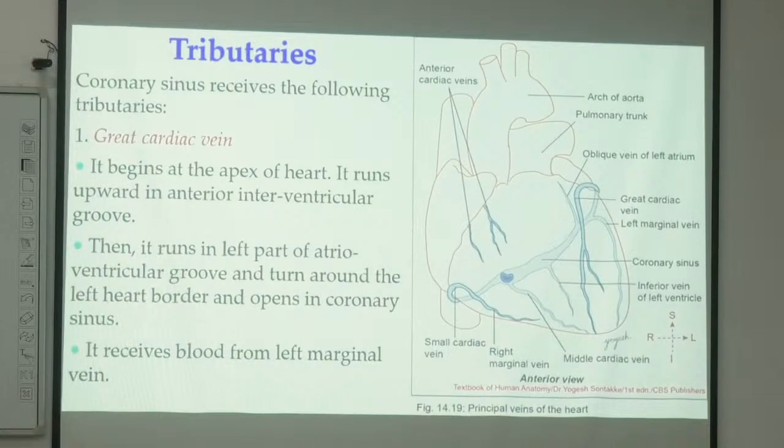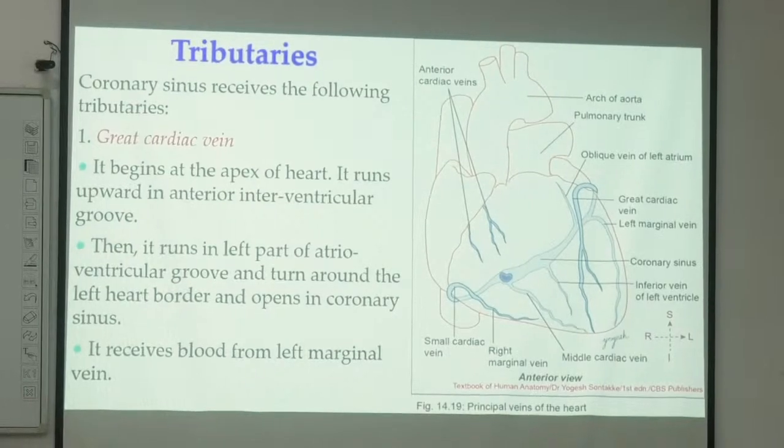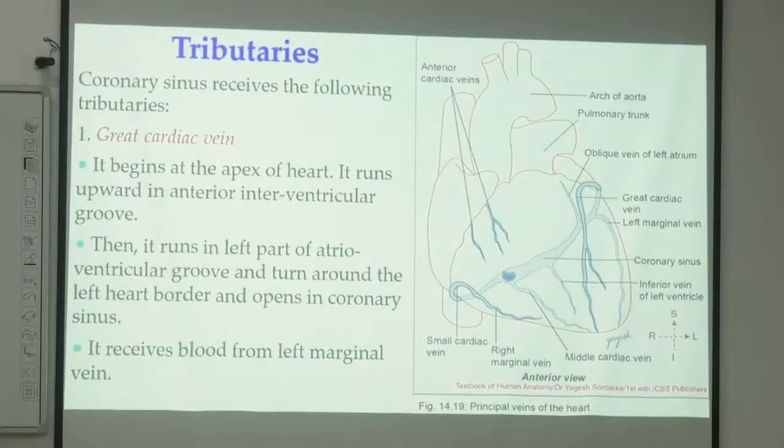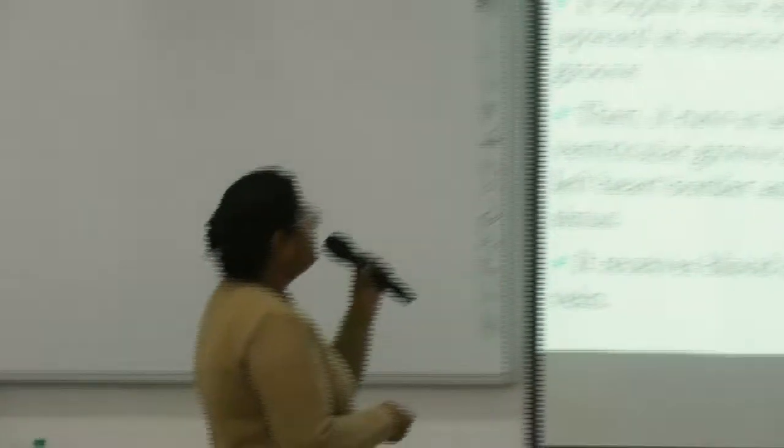First is the great cardiac vein. It begins at the apex of the heart. Here is the apex of the heart. You will know the different parts during the viscera classes. Here is the apex, and posteriorly the base is formed by the two atria, mainly the left atrium.